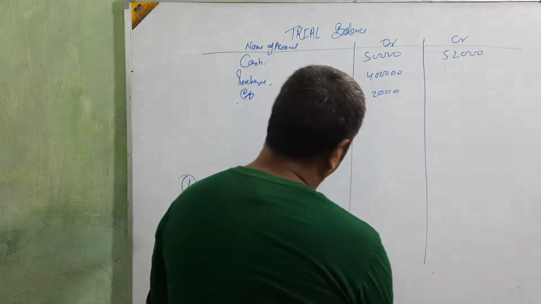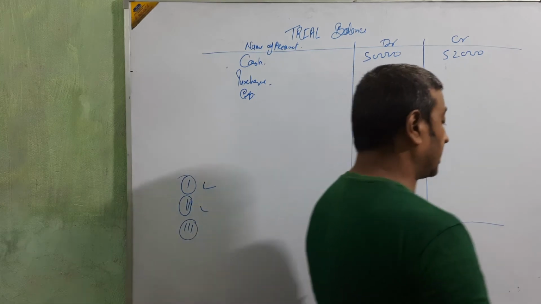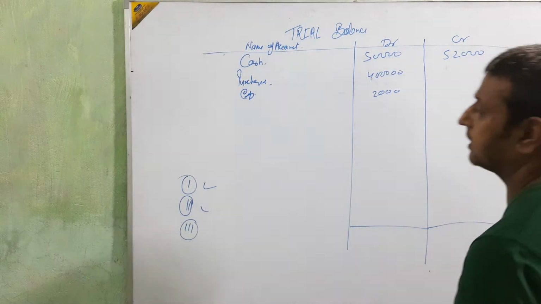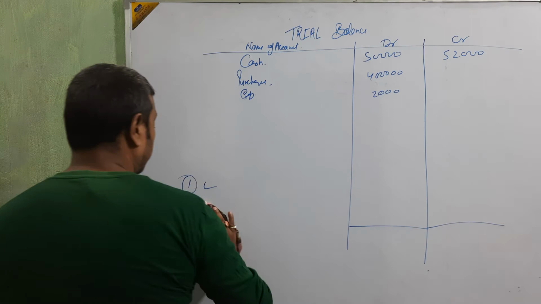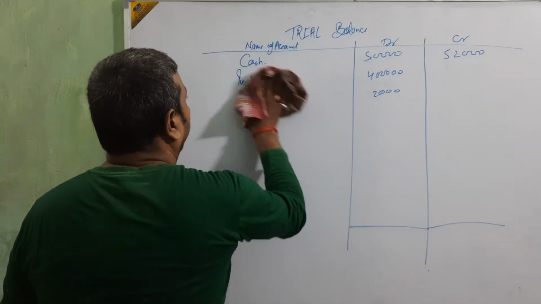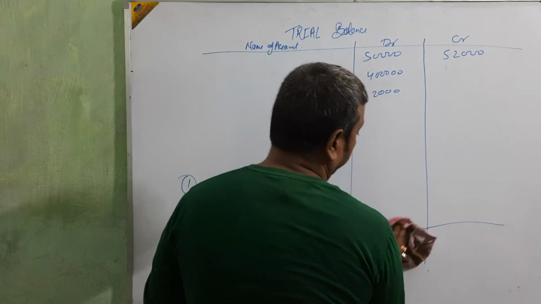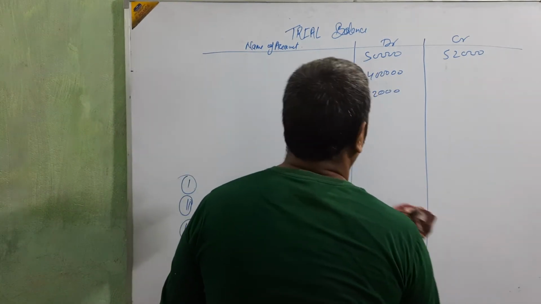In the last we total, and both sides will come equal, beta. This is the way we make the trial balance by the total method.